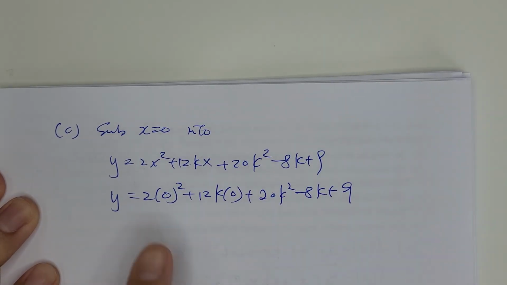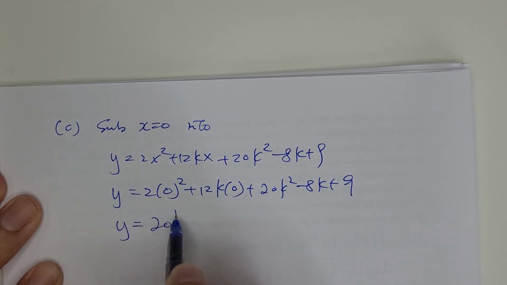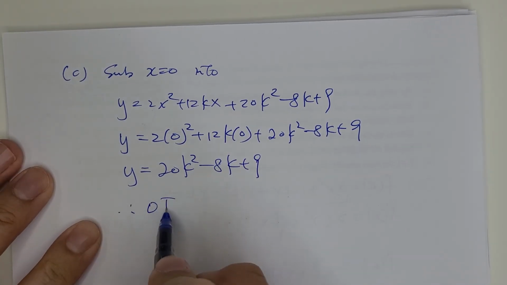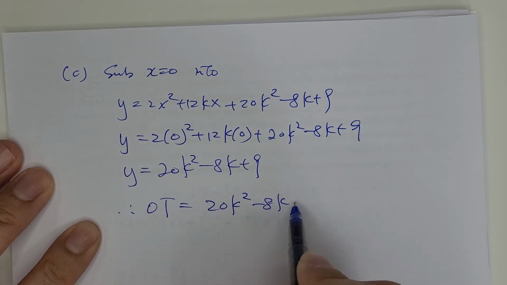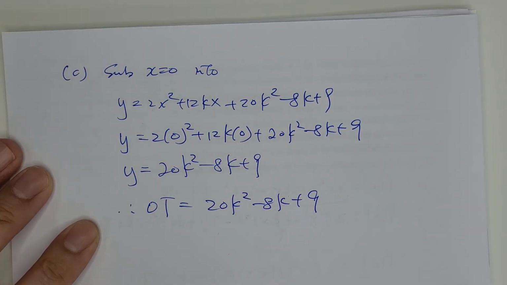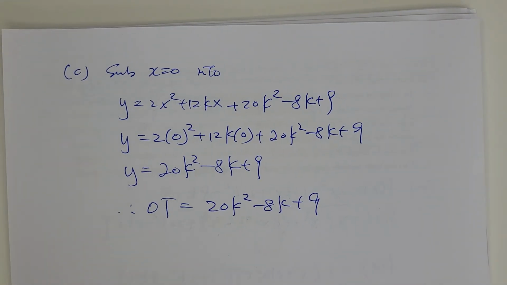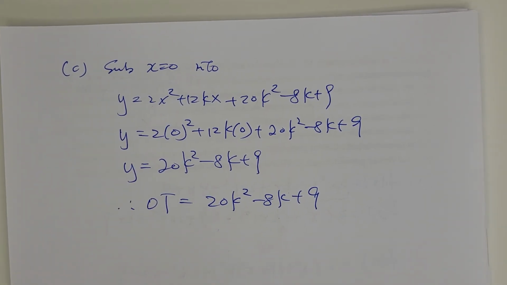So these two terms disappear, so y equals 20k squared minus 8k plus 9. And therefore, the length of OT will be 20k squared minus 8k plus 9. Since you know that the graph is above the x-axis, the y-intercept will also be above the x-axis, don't worry.